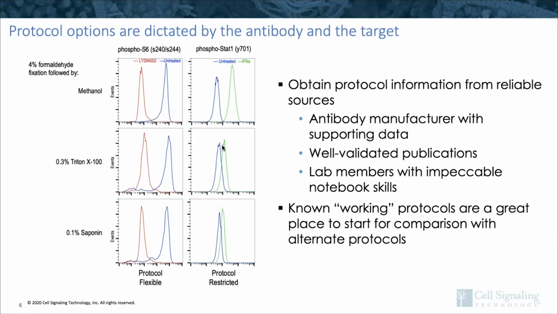You may also consider just asking around your lab or your department or field to see if anyone else has been having success using that same antibody that you might be interested in. If you're interested in using an alternative protocol, it's good practice to start out with one that you know works and then compare that alternate to that to make sure you're still getting a good separation of your positive and negative populations.